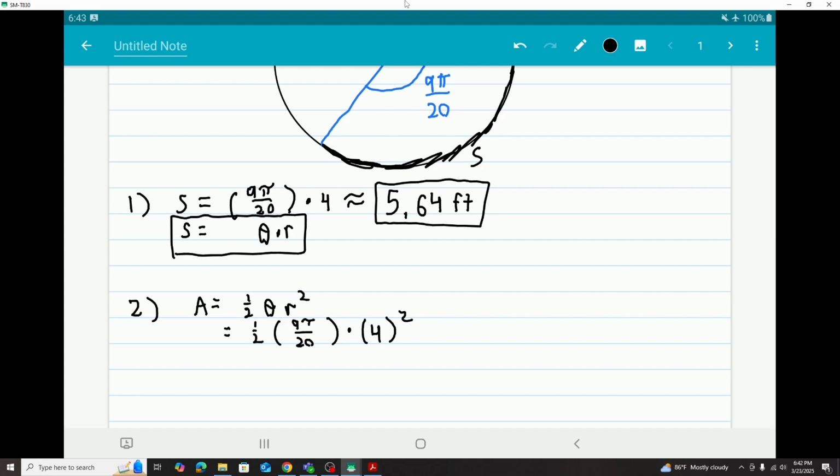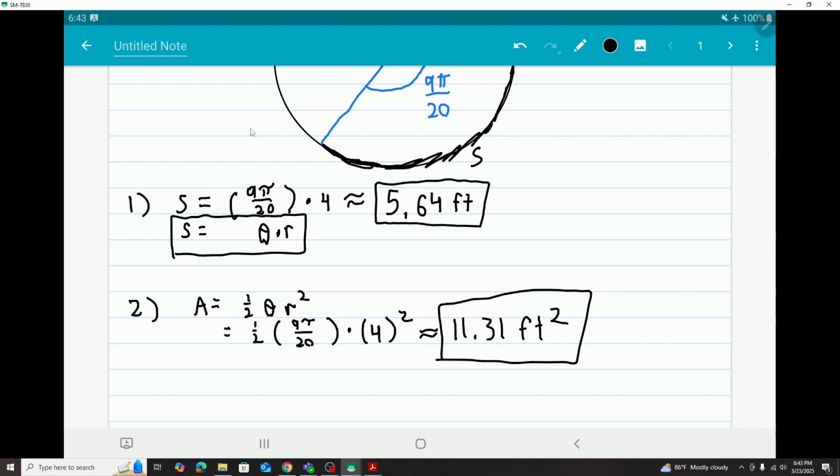And we're putting that in the calculator right now. And we get that this is roughly equal to 11.31. And now because it's an area, its unit is feet squared, or square feet.